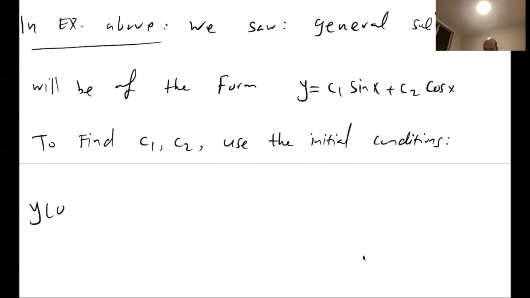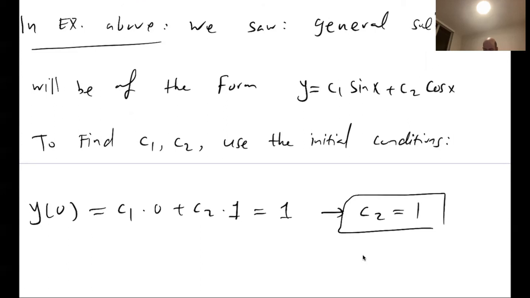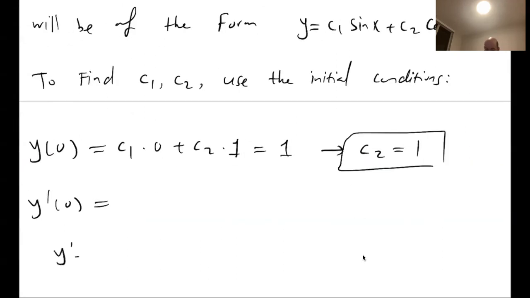So y of 0 is C1 times 0 plus C2 times 1, which is supposed to be 1. That gives me C2 equals 1. And y prime of 0 will be, see, y prime will be C1 cos x minus C2 sine x. At 0, it will be C1 times 1 minus C2 times 0, and that's 1.